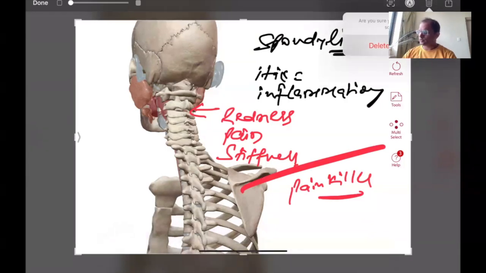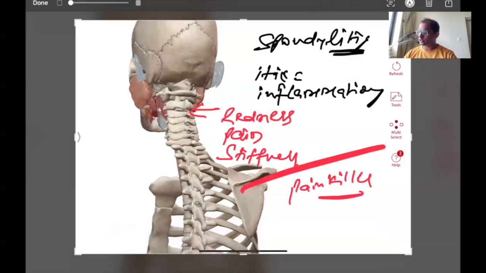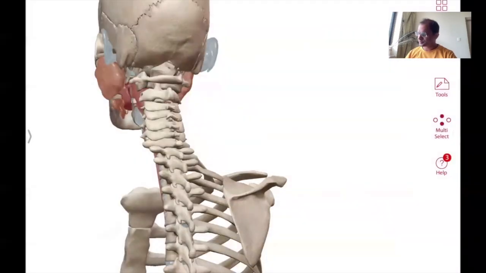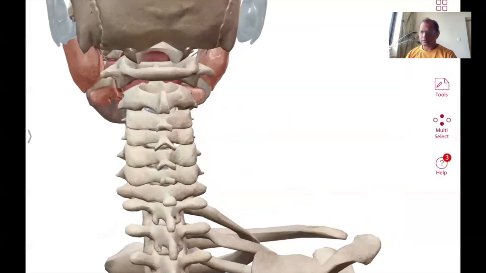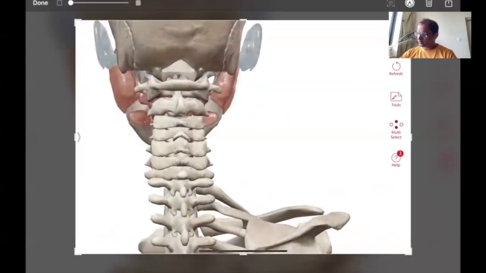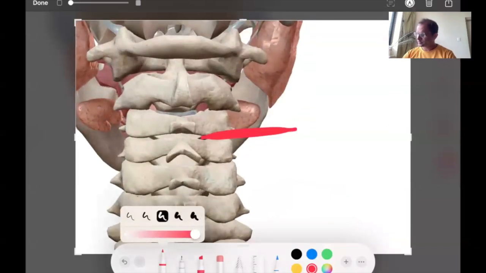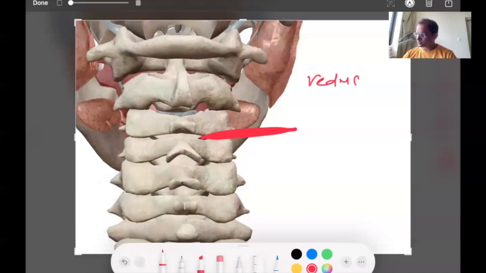So when the patient moves to the second stage, from spondylitis to spondylosis, जब patient दूसरी अवस्था में जाएगा, what will happen? There will be a reduction of gap. इनके बीच का गैप कम हो जाएगा. There will be a reduced gap, which will create unwanted nerve pinching or compression.